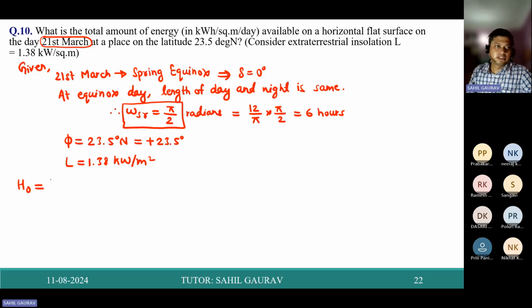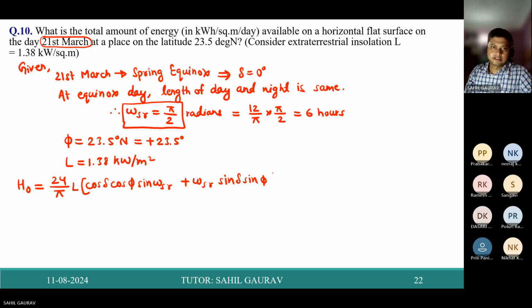Now we will put all this into the amount of daily energy incident expression H naught. So H naught is 24 upon pi into L cos del cos phi sin omega SR plus omega SR sin del sin phi kilowatt hour per meter square per day.